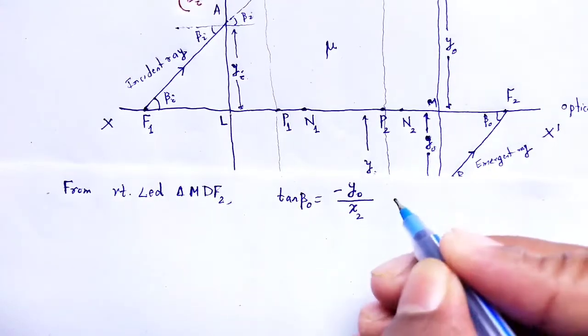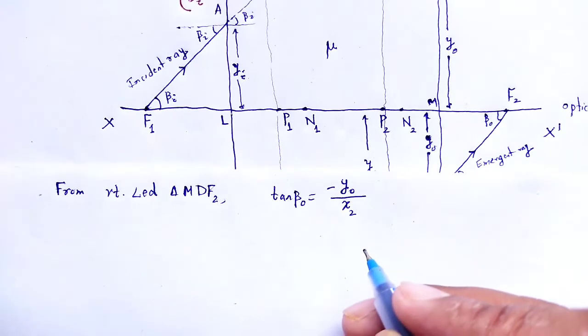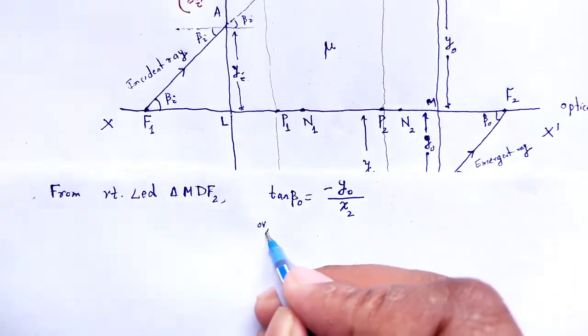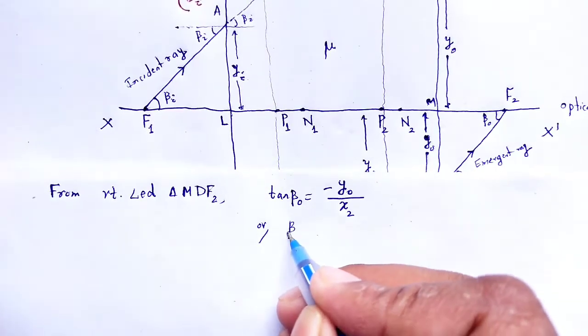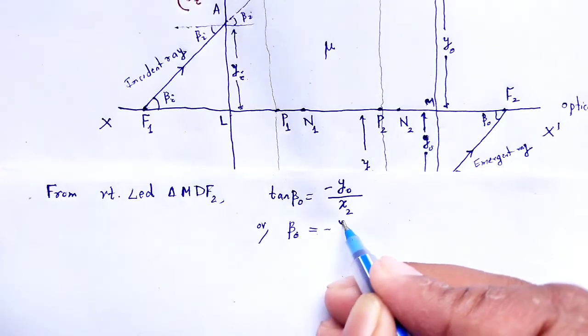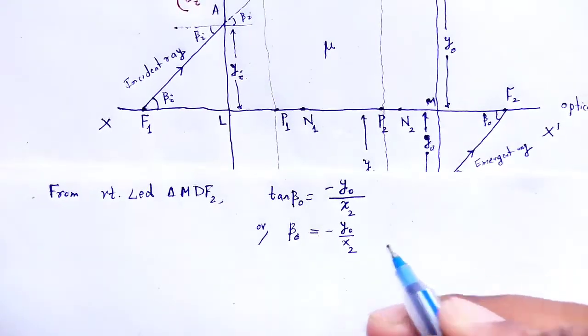Just use the sign convention here. Now for paraxial rays, it will be the same as the angle, beta naught is equal to minus y naught by x2.